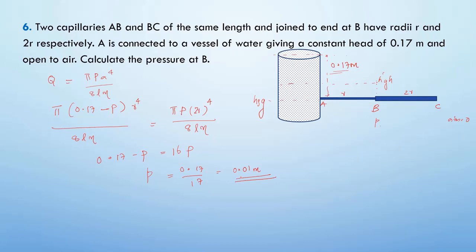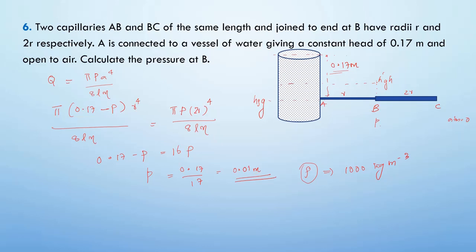If we are given the ρ, that is, what type of liquid is flowing, say if we are given that the liquid flowing through is water, then we have ρ as 1000 kilogram per meter cube. We already know g also, and we can substitute and find the exact pressure at this point.